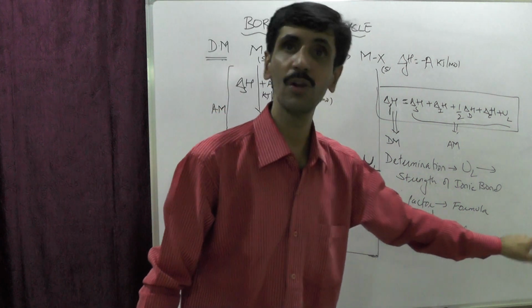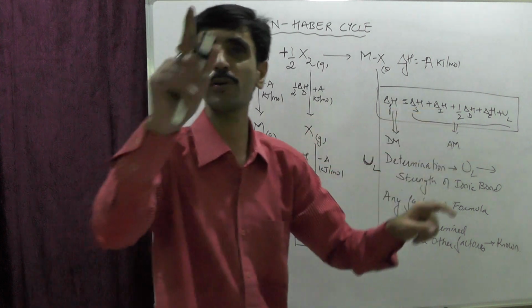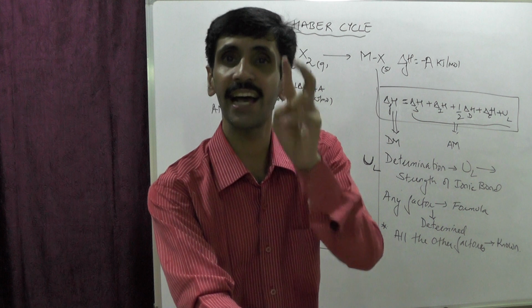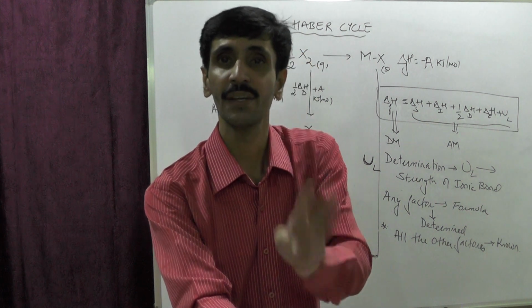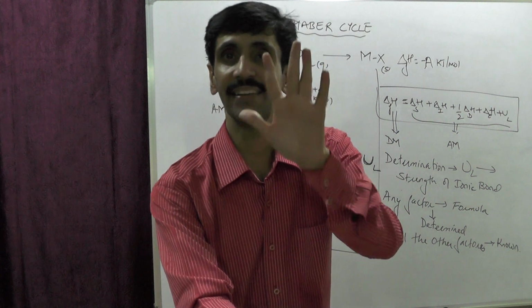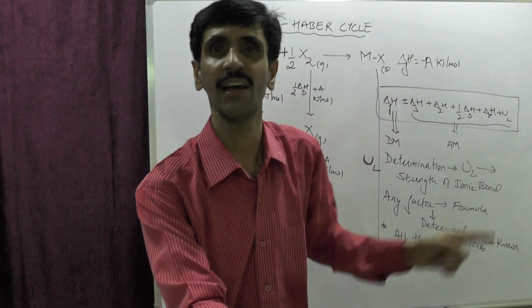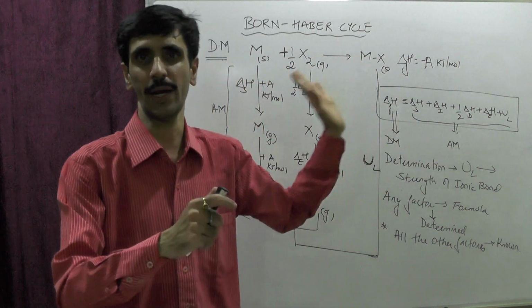All the other factors are known. And for example, if you want to find out the enthalpy of sublimation, तो आपको क्या जानना जरूरी है? Enthalpy of formation, enthalpy of ionization, enthalpy of dissociation, electron gain enthalpy, and lattice energy. ये 5 फैक्टर मालूम हैं, आप enthalpy of sublimation find out कर सकते हो. उसी तरीके से it can be applied to anyone.